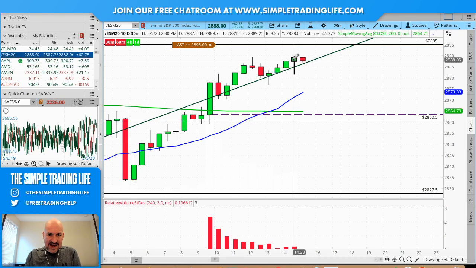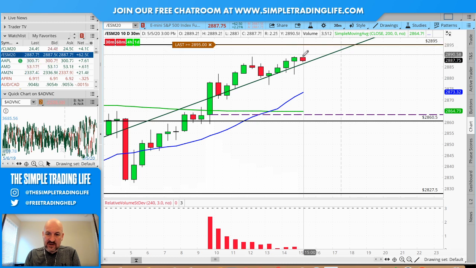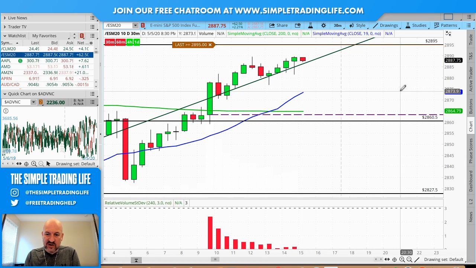Okay, so the high is 28.8975. So if we took out 28.90 to the upside, there could be a potential scalp up to this resistance level at 28.95.